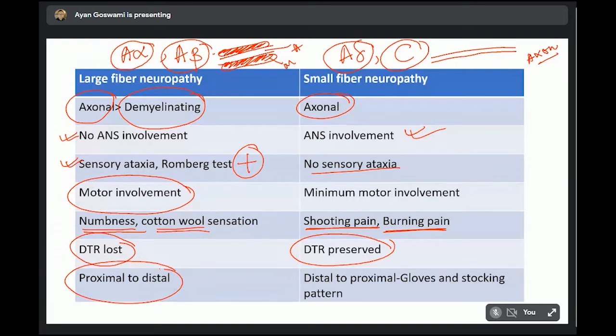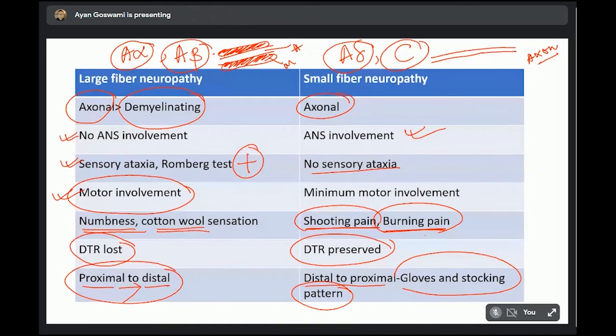Small fiber neuropathy is distal to proximal, and it is usually sensory in a gloves and stocking pattern, like wearing gloves and stockings or socks. Very typically there is this sensation, shooting pain, burning pain.